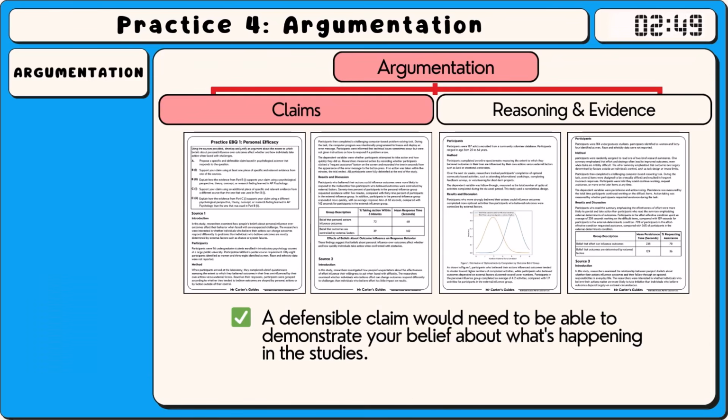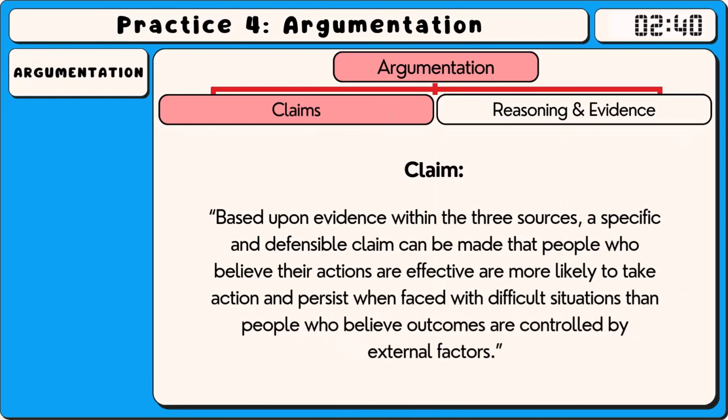So, with that said, let's see if we can make a defensible claim about locus of control based upon the study results. An appropriate claim could be: based upon evidence within the 3 sources, a specific and defensible claim can be made that people who believe their actions are effective are more likely to take action and persist when faced with difficult situations than people who believe outcomes are controlled by external factors.